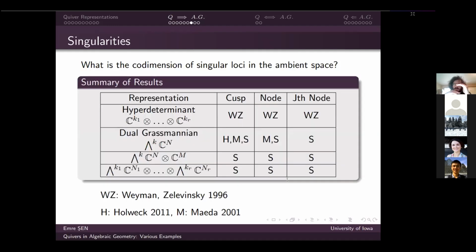And in the case of hyperdeterminants, the singular loci were classified by Weyman and Zelevinsky. The dual Grassmannian case was classified by Holweck and Maeda, who somehow studied this problem, but I also include this note. So there are types of the singularities.